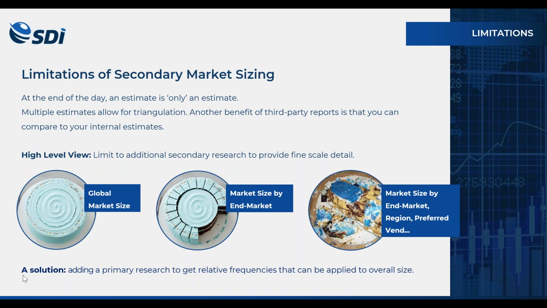I like to think of this analogy of a cake. When you calculate the market size, you have the whole cake. Then additional research lets you cut that cake by geography into neat slices, or by end market into neat slices. But if you want to cut it by geography and end market, the amount of work goes up enormously and the error bars get larger.